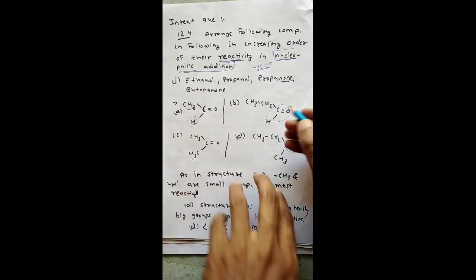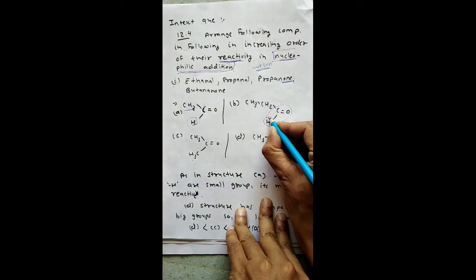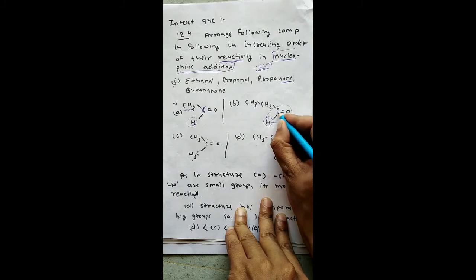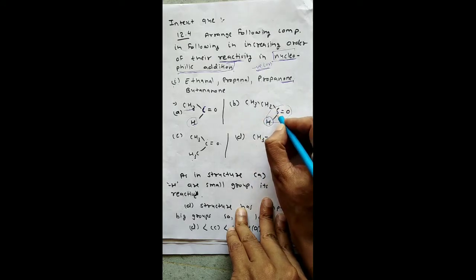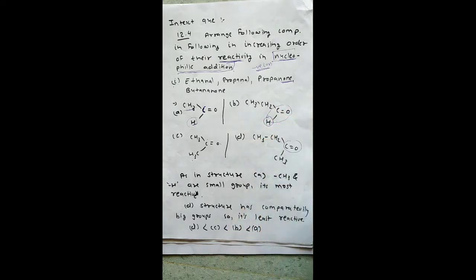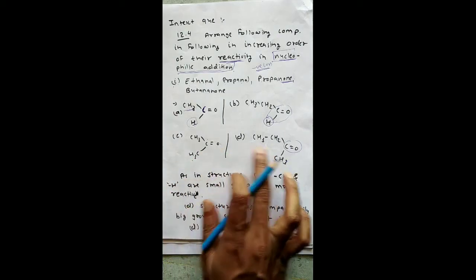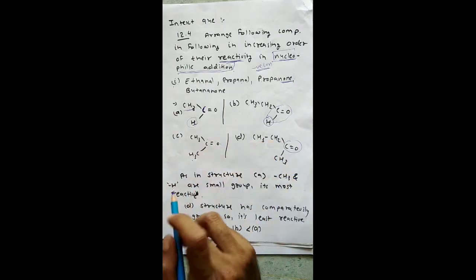Then second comes this one, here also hydrogen is there, so the nucleophile can attack here easily, so it is an aldehyde group. Then this is our second most reactive compound. Then come the ketones. 2 ketones are here, you can see.